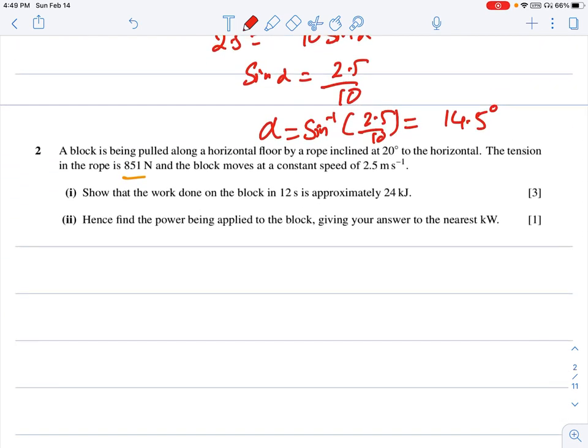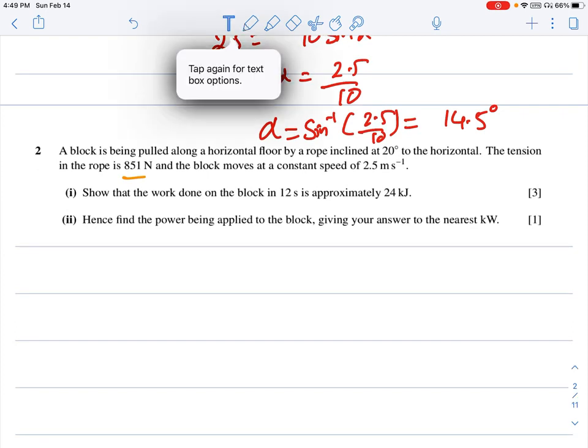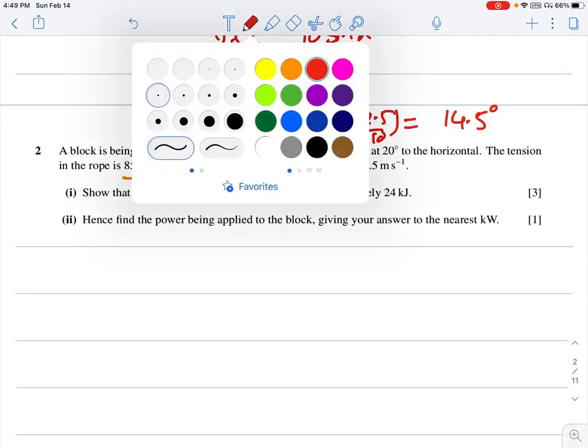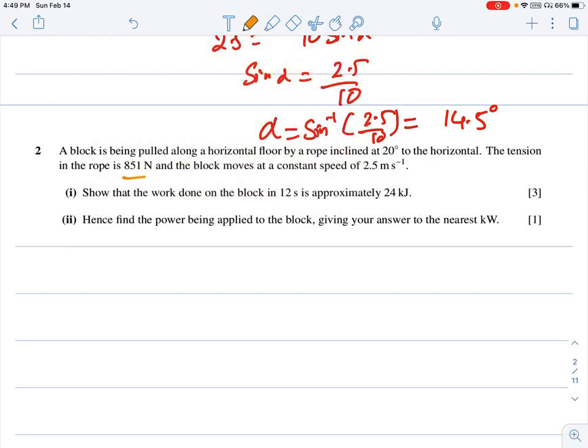Now coming to the second question. A block is being pulled on a horizontal floor by a rope inclined at 20 degrees to the horizontal. So there is a horizontal, there is a block which is being pulled at 20 degrees to the horizontal.